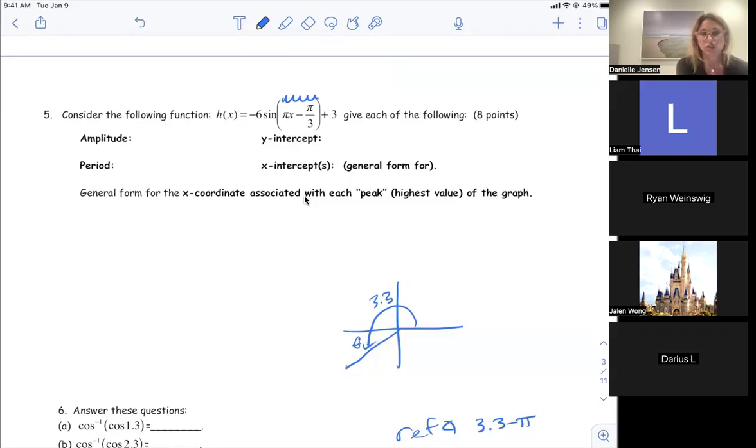Normally for sine, the peaks occur at pi over 2 plus 2k pi. But because it's a negative amplitude, there's two ways you could do it. You could set it equal to 3 pi over 2, because it's a negative amplitude, so it's going to be where the troughs normally are.